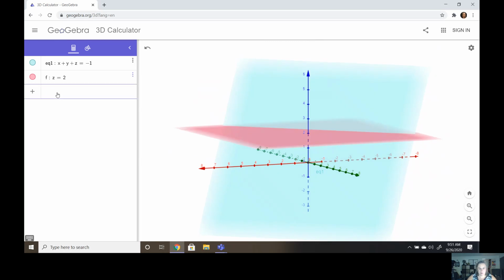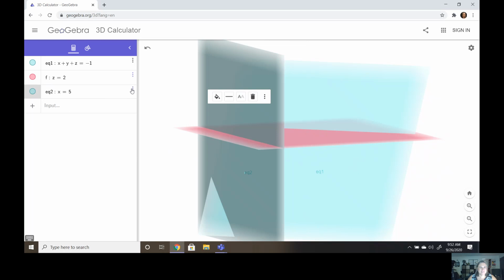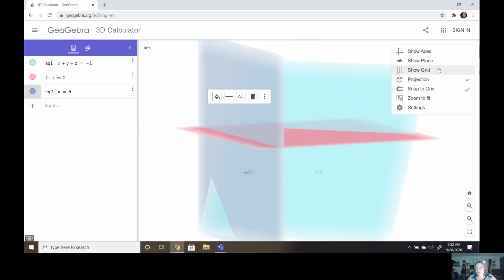Okay, and so what would X equals 5 look like? Oh, here, we can change the color. I accidentally took the axis out.